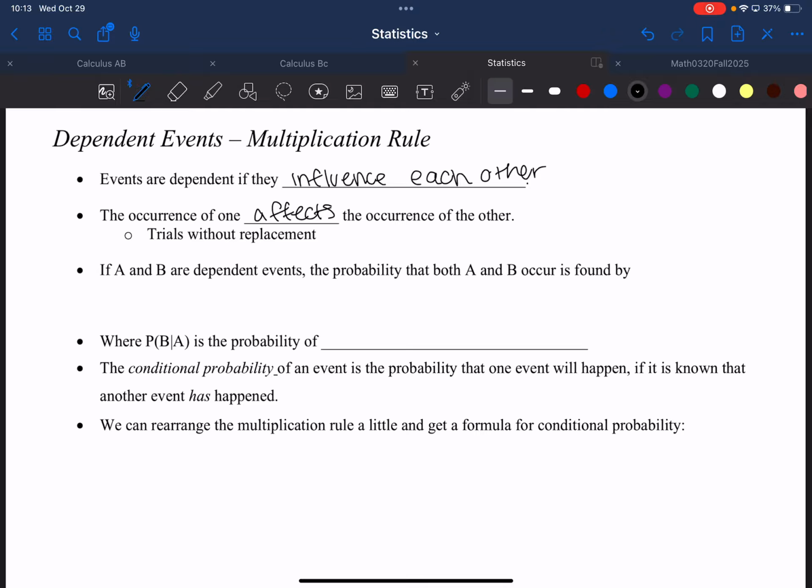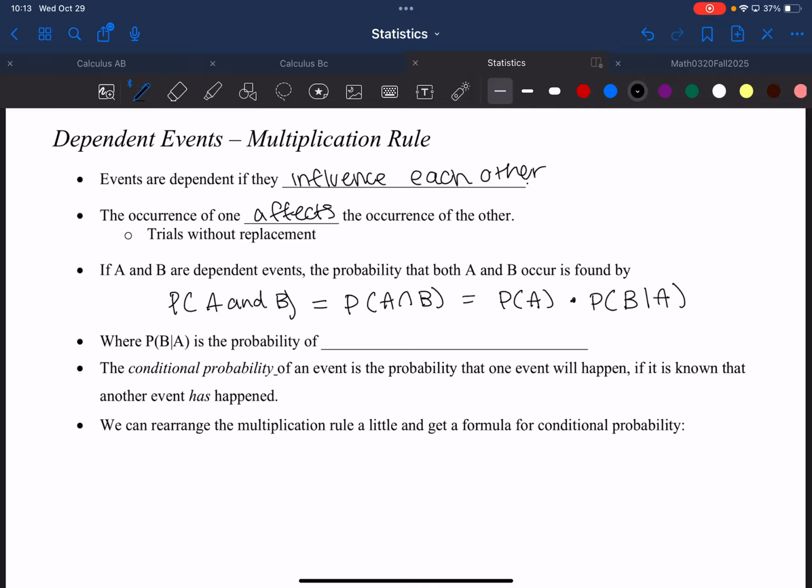So it says if A and B are dependent events, the probability that both A and B occur is found by this formula: probability of A and B is equal to the probability of A intersection B, which is equal to the probability of A times the probability of B given A has already happened.